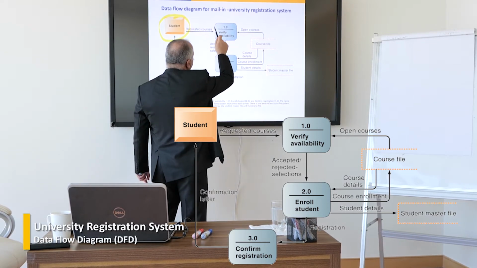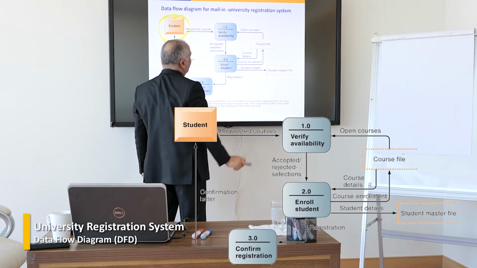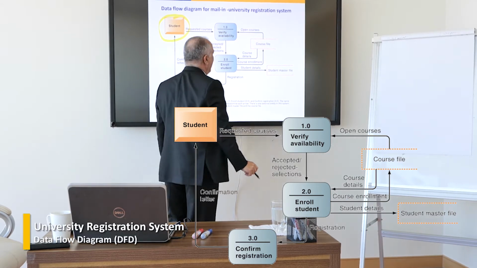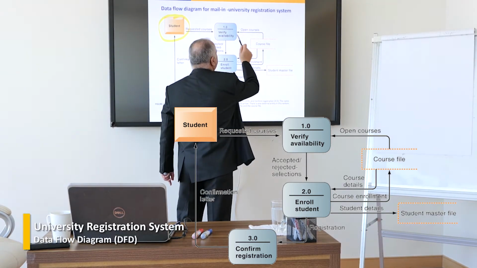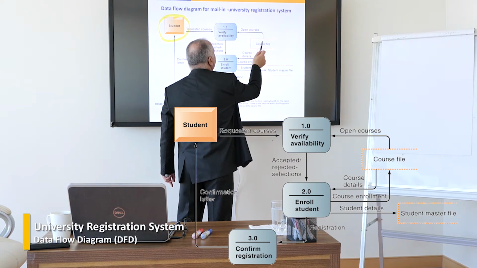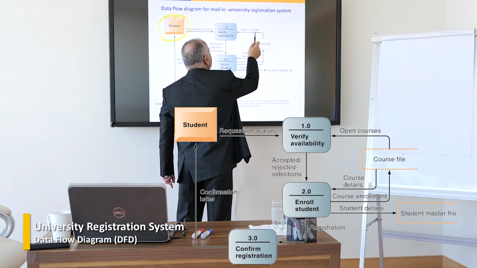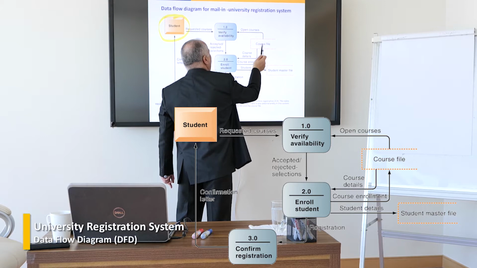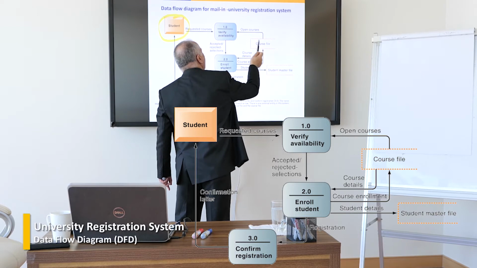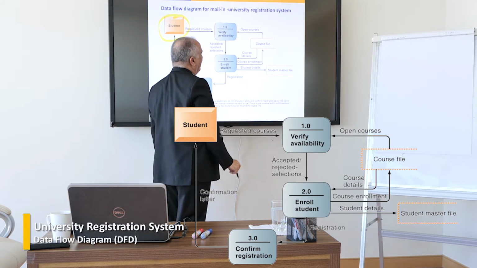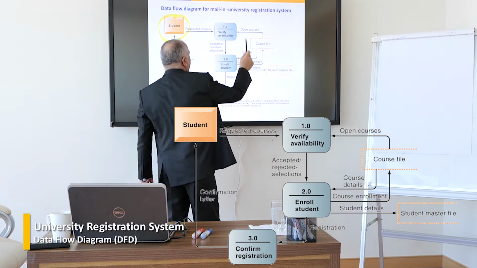Upon requesting, he triggers a process called verifying the availability. To check the availability, this process will read, in other words access, a file and retrieve the data on whether this course is available or not. This is a data file.